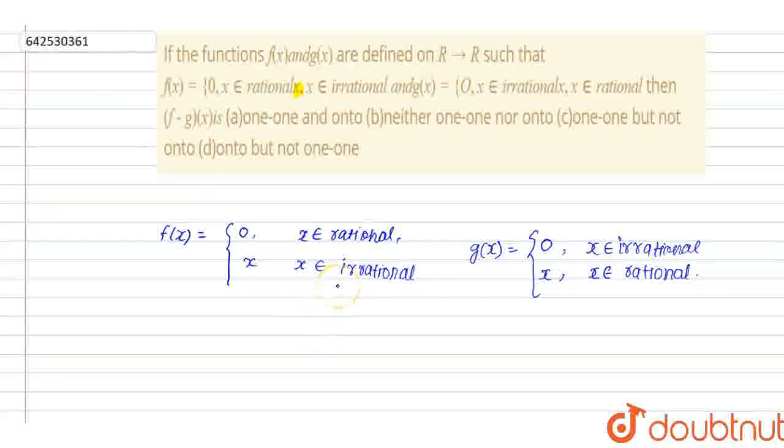So here we have to find f minus g of x. Firstly, we have to know what one-one and onto mean.